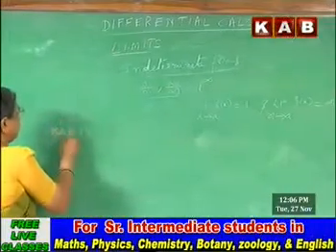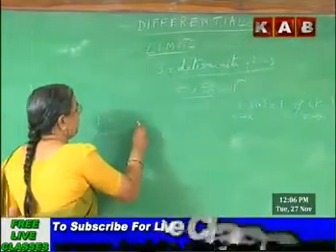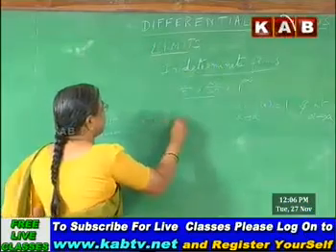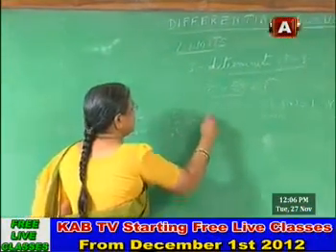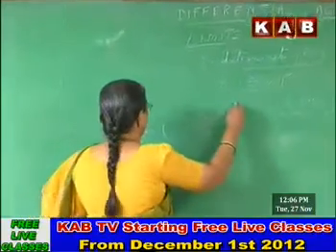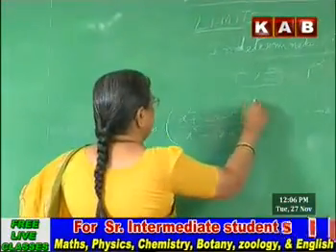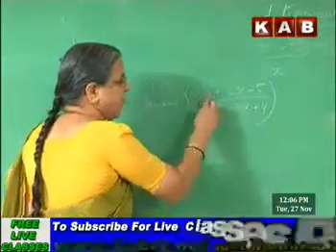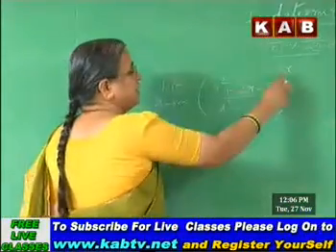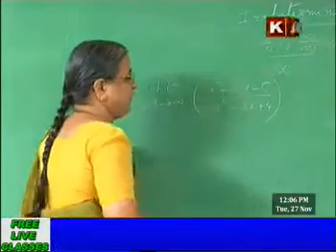Limit of x tends to infinity, (x square plus 2x minus 5 by x square minus 3x plus 4) whole power x. As x tends to infinity, this is tending to 1 and this is tending to infinity, 1 to the power of infinity.